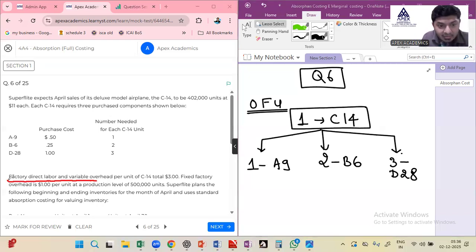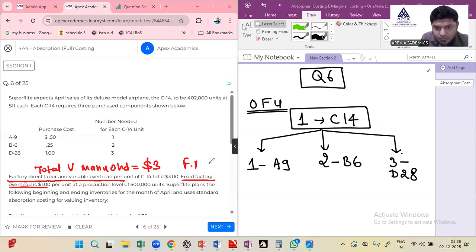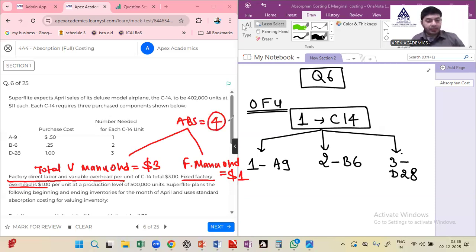Factory direct labor and variable overhead means your total variable manufacturing overhead is equal to $3, and fixed factory overhead means your fixed manufacturing overhead is equal to $1. So under absorption costing, the cost of production is $4 per unit.